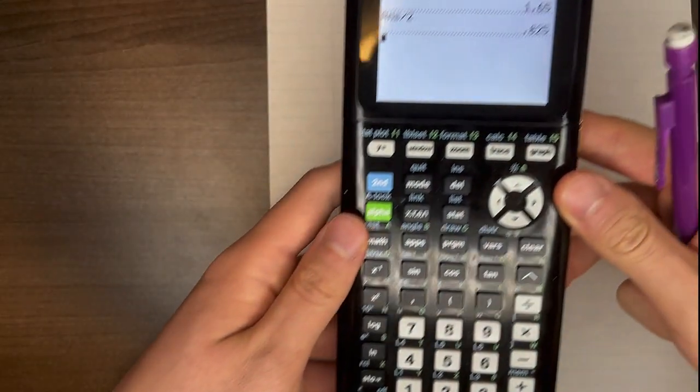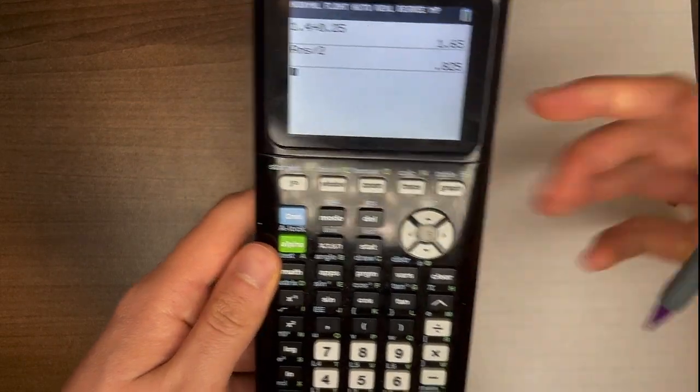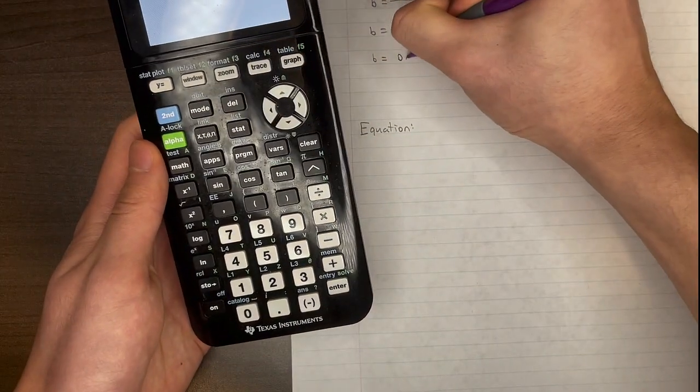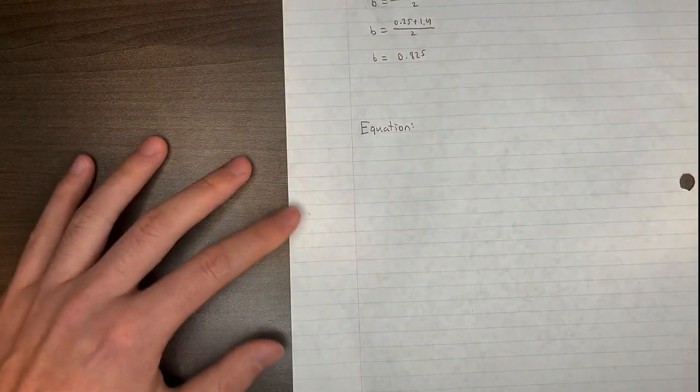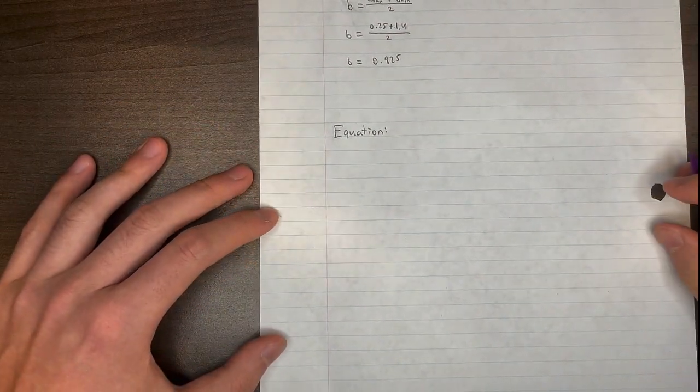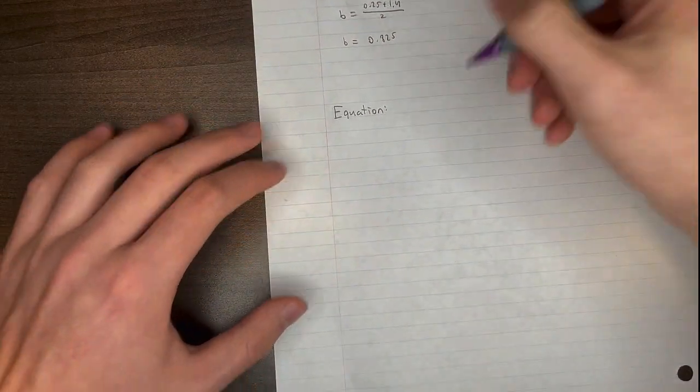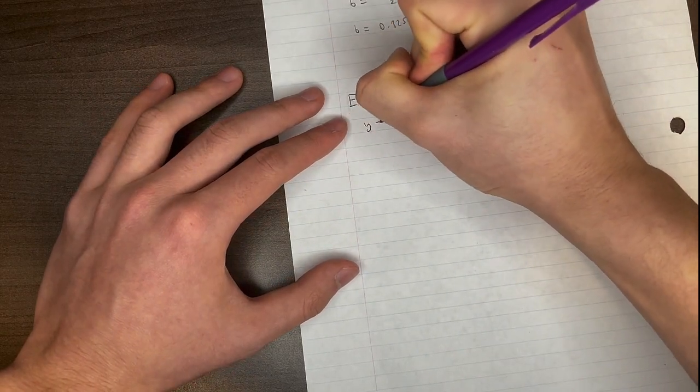So once again, we can put this on the calculator. And we get an average of 0.825. And now we have every piece needed to construct the equation for our average line of best fit. So we can simply write the equation here.